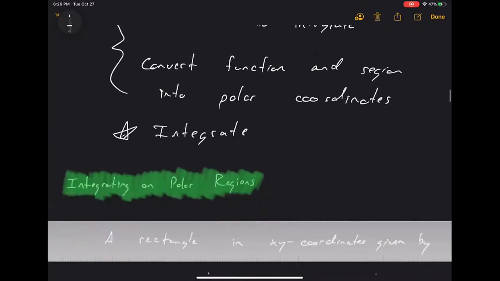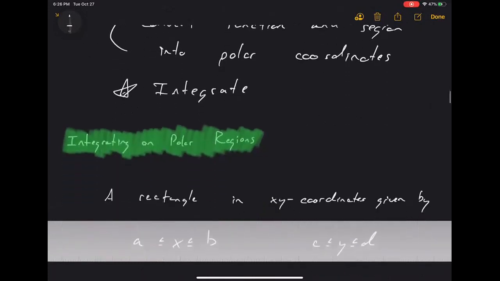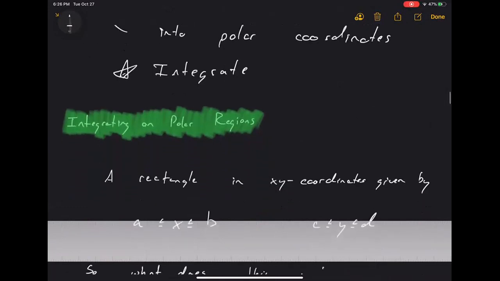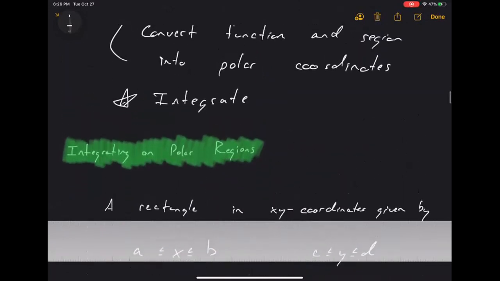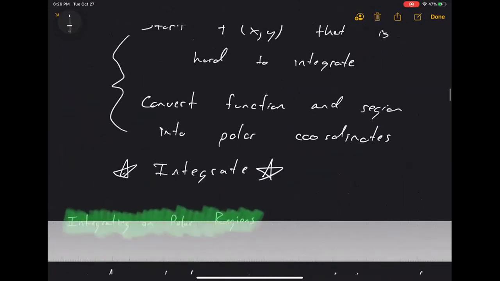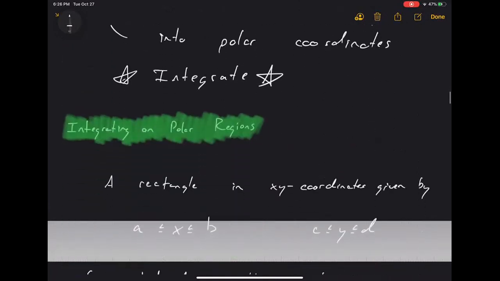So let's talk about integrating in terms of polar coordinates. We're going to talk about this before we talk about converting from Cartesian to polar, so we're just thinking about polar functions right now.